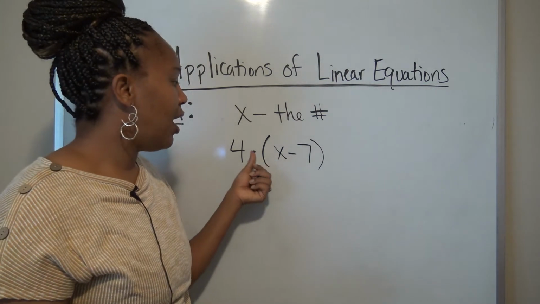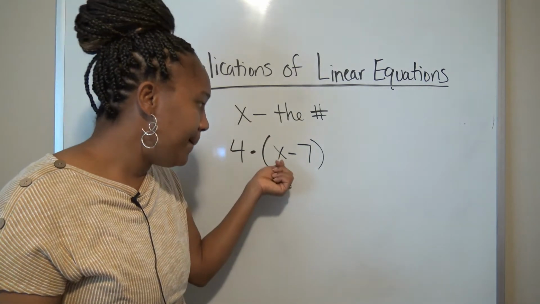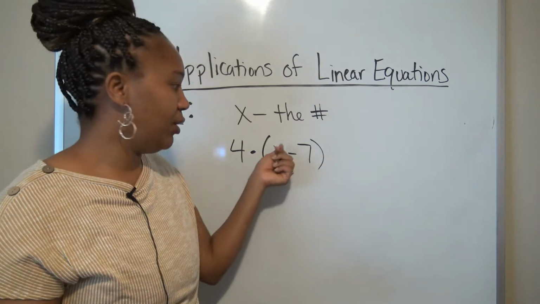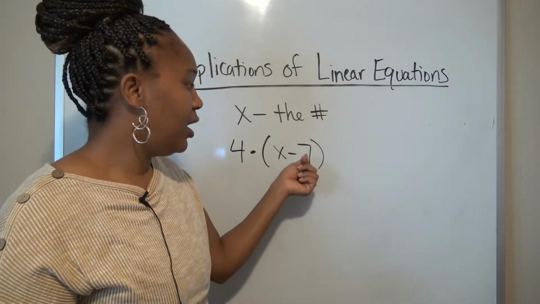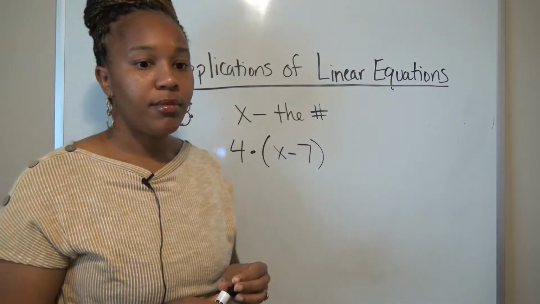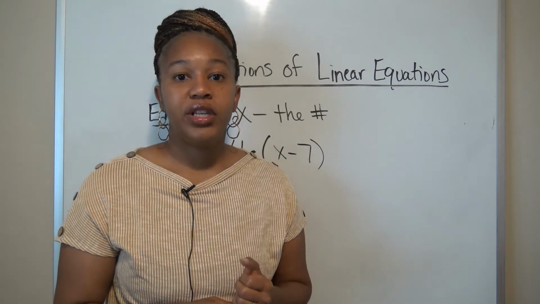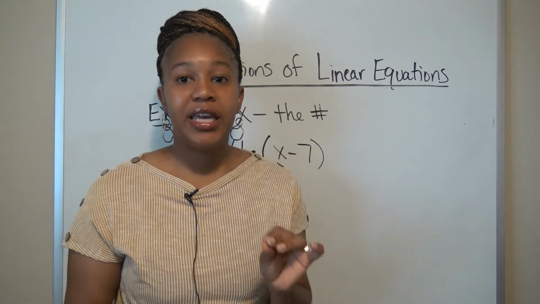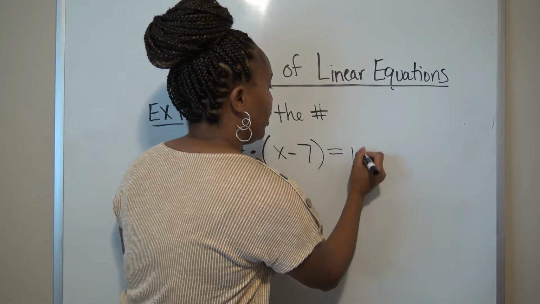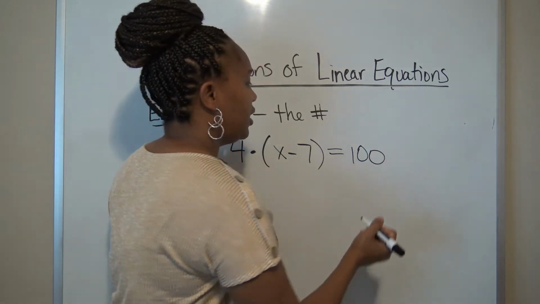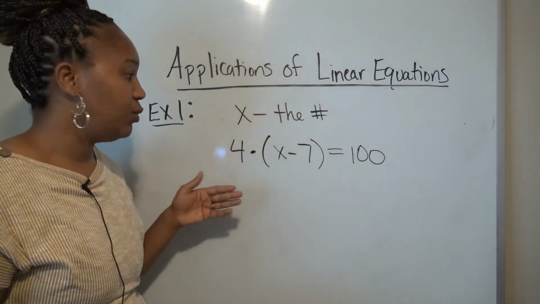So I'm not just multiplying 4 and the number, I'm multiplying 4 and a number decreased by 7. So x represents the number, decreased by means subtract, and it's decreased by 7. And it says the product of 4 and a number decreased by 7 is, which represents equals, 100. So this is the equation that we get, and this is step 3, actually writing that equation out.